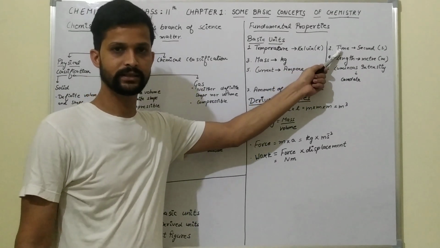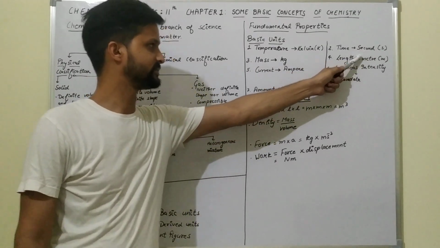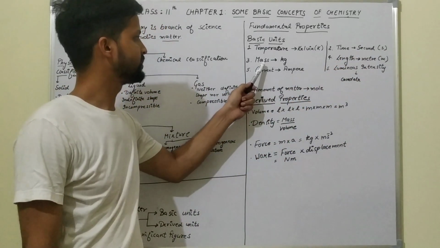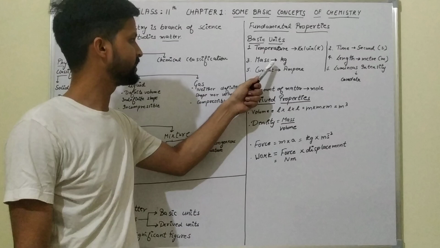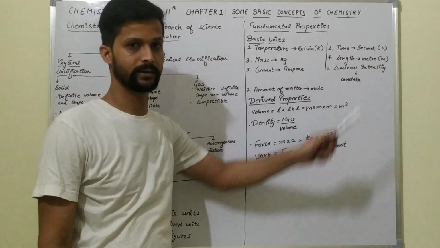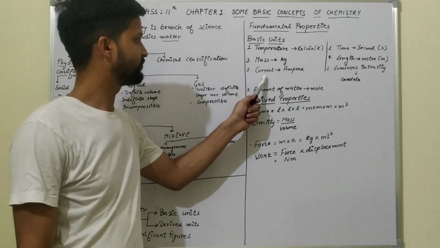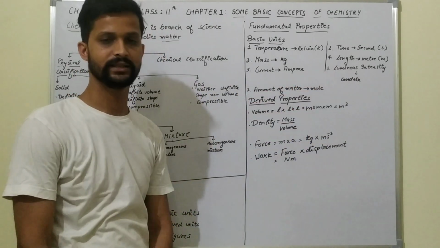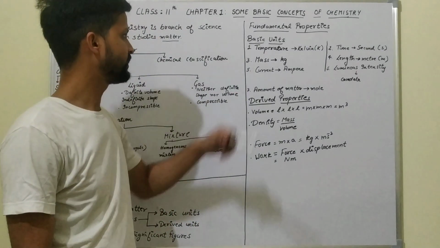Time is measured in seconds, represented by small s. Mass is measured in kg, whereas length is measured in meter. Clear? Current is measured in ampere, whereas luminous intensity is measured in candela. So these are the basic units.